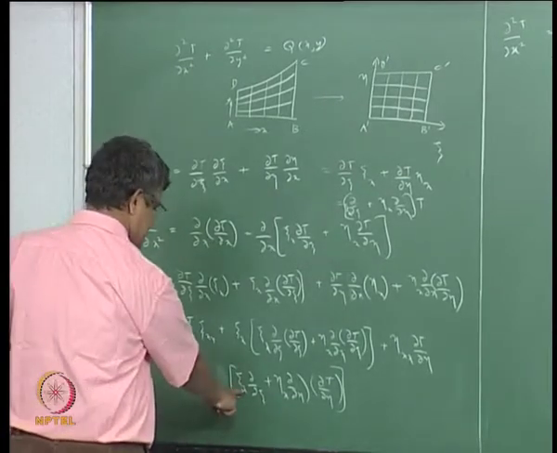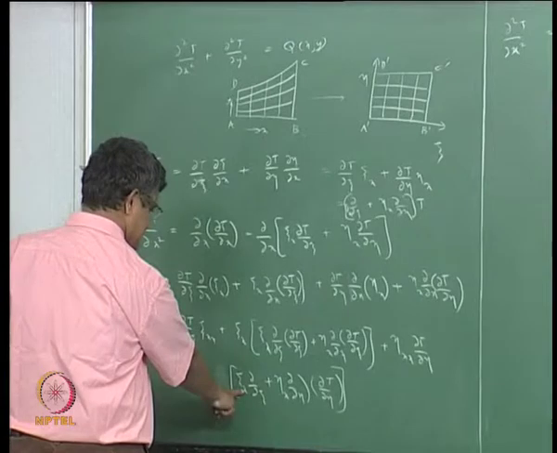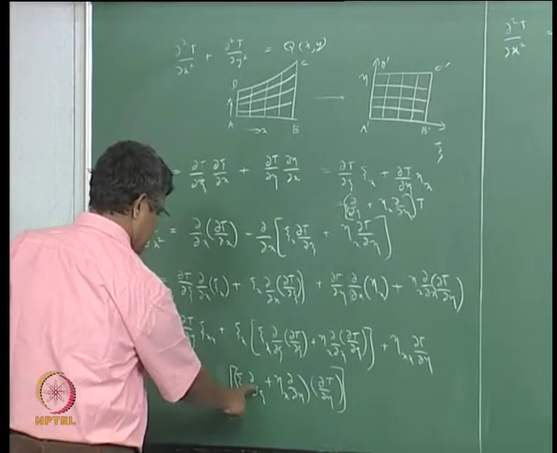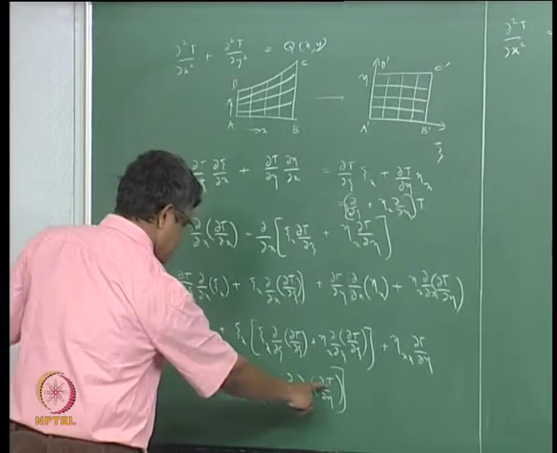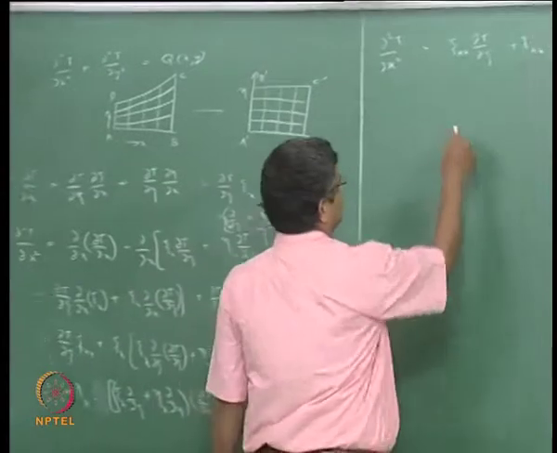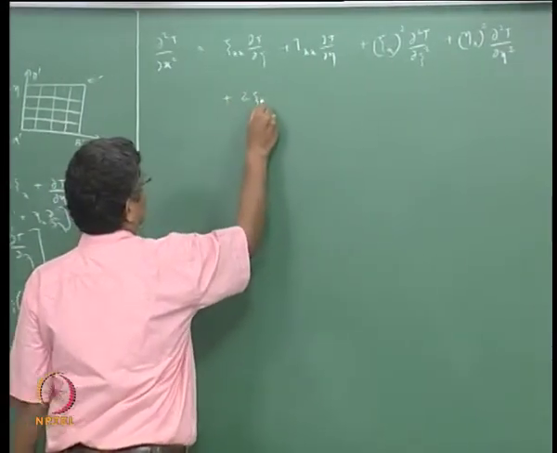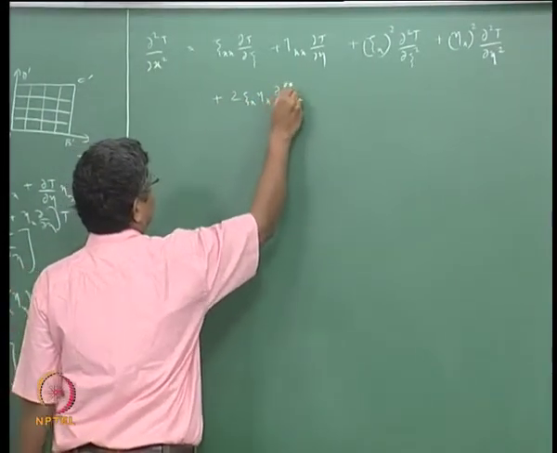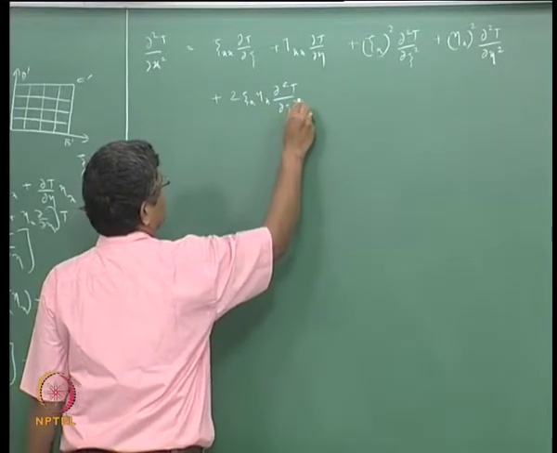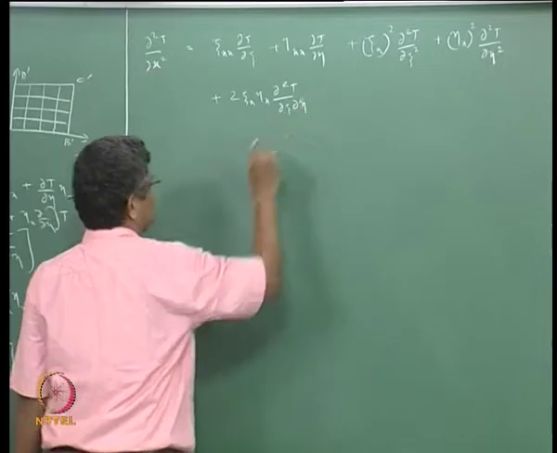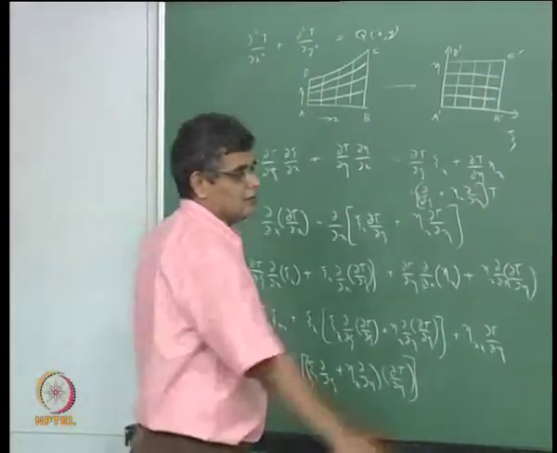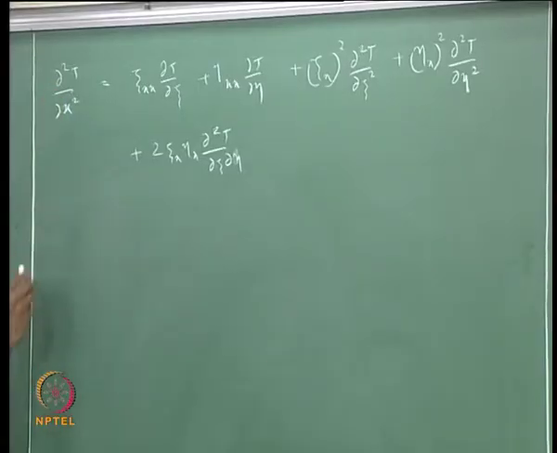So psi x eta x ∂²T/∂psi∂eta here, so that we will have plus 2 psi x eta x ∂²T/∂psi∂eta. So this is what we have for ∂²T/∂x².